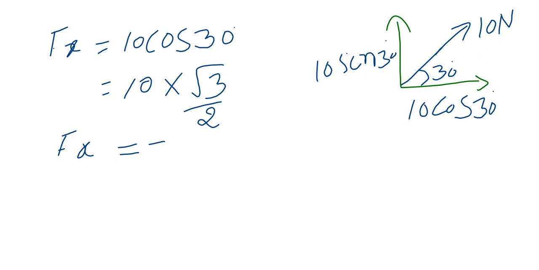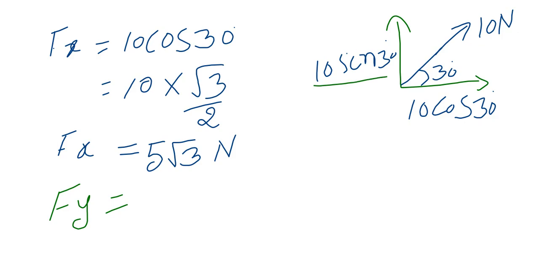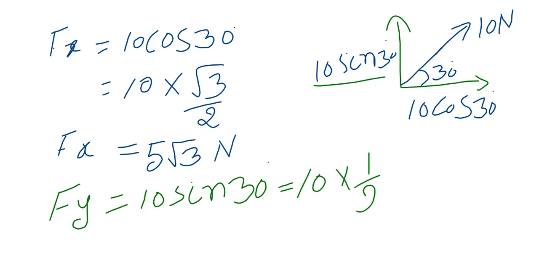Next, Fy is 10 sin 30. The value of sin 30 is 1 by 2. So it is 5 newtons. The first component is 5 root 3 newtons, the second component is 5 newtons.